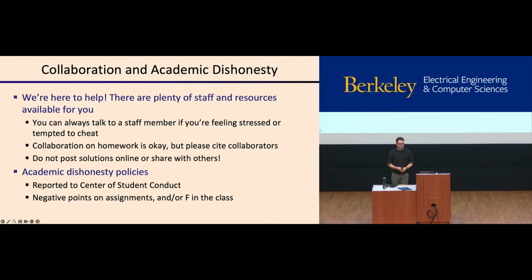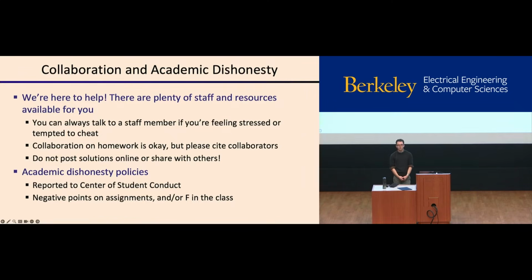There's also the cheating slide, right? There are two versions of this slide. The nice version is the top part, and hopefully we don't have to deal with the mean version. The nice version is that we are here to help you. We want you to learn. We want you to be successful. We want things to go well for you.